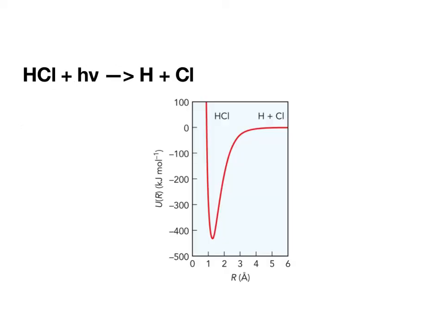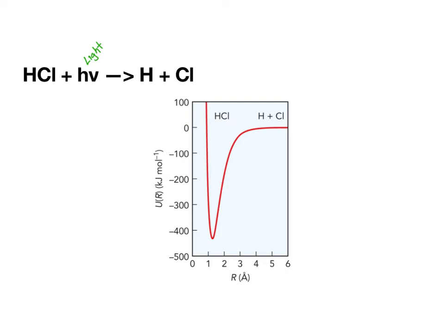Okay, so let's start with a basic reaction. In this reaction, we have HCl being reacted with, we're going to put light, h nu. We're going to shine light on HCl, and we are going to break the bond between the hydrogen and the chlorine, creating two neutral atoms, the hydrogen and the chlorine atom.